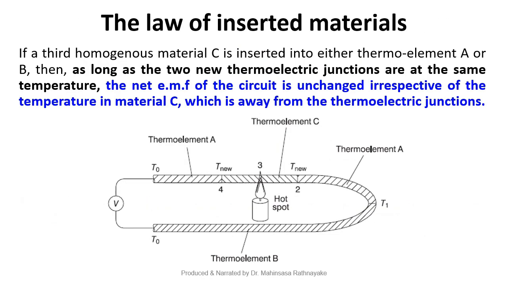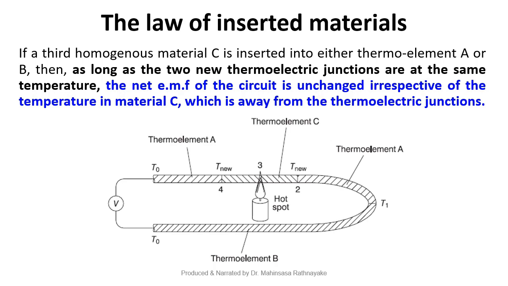So the second law, what does it say? The law of inserted materials. That means if a third homogeneous material, called material C, is inserted to either thermo element A or thermo element B, then there will be 3 junctions actually.